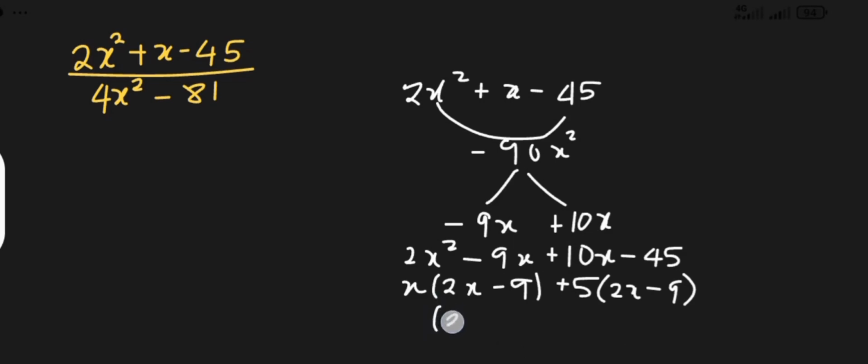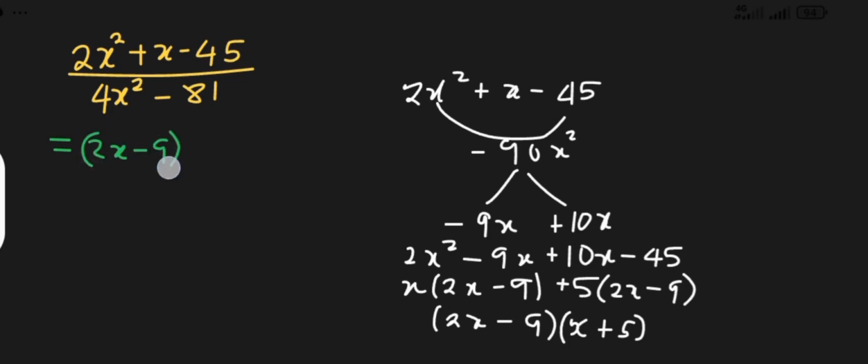So we have 2x minus 9 multiplying x plus 5. So the numerator factors as the product of 2x minus 9 and x plus 5. Now it is time to factor the denominator.